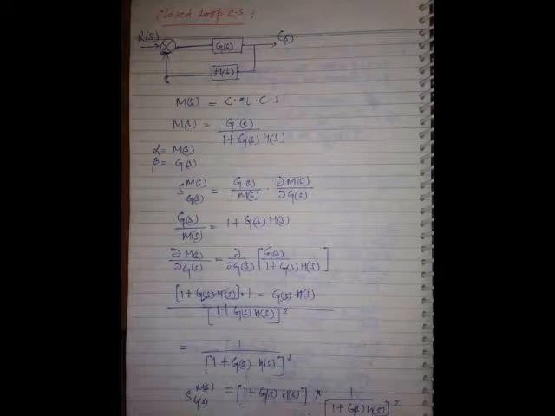It is called as rate controller because the controller output is proportional to rate of change of error. It is Kd into dE by dt. This will become Kd S into E of S.